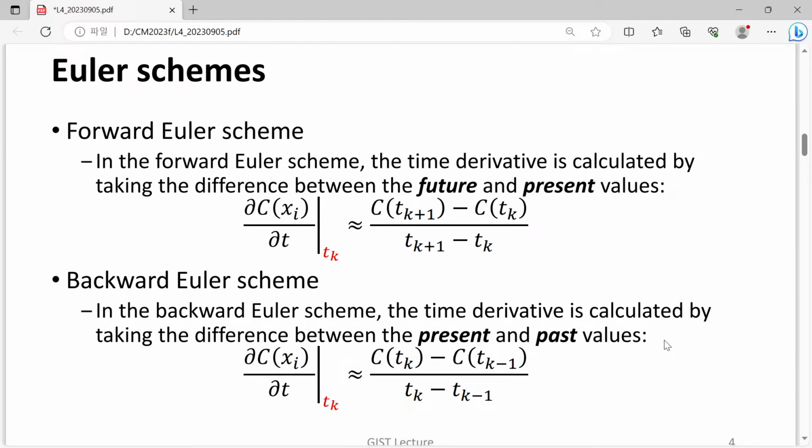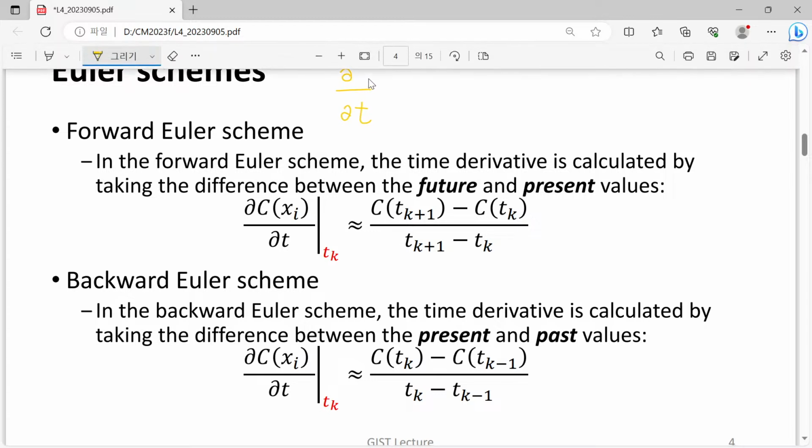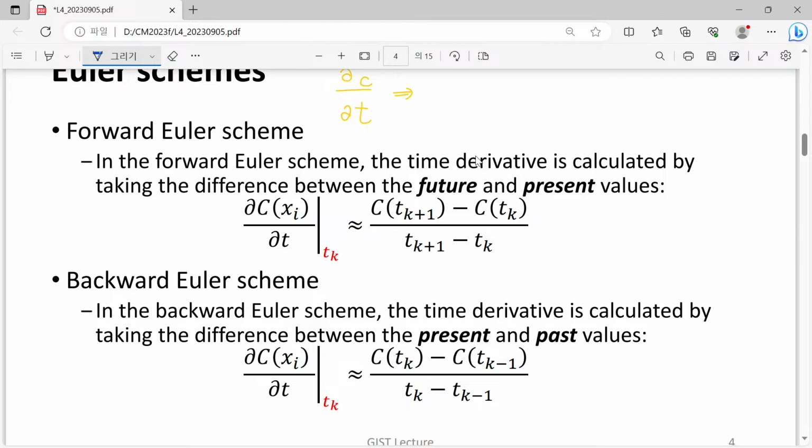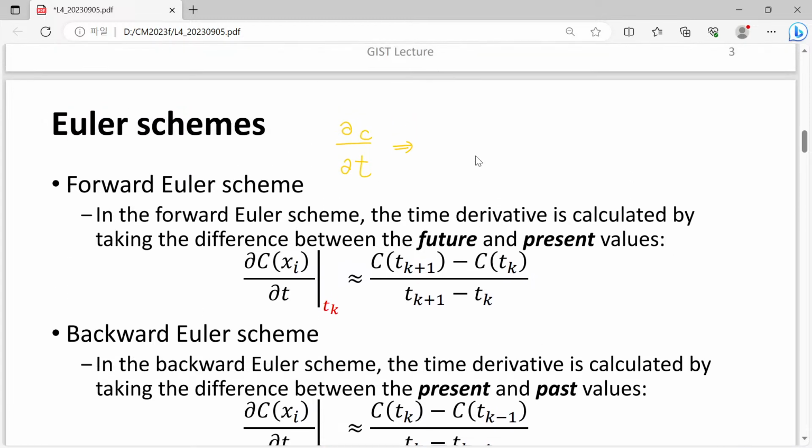Of course, when you consider this discretization of a time variable, there can be so many different ways to consider this time derivative. However, I wanted to just introduce the simplest one.